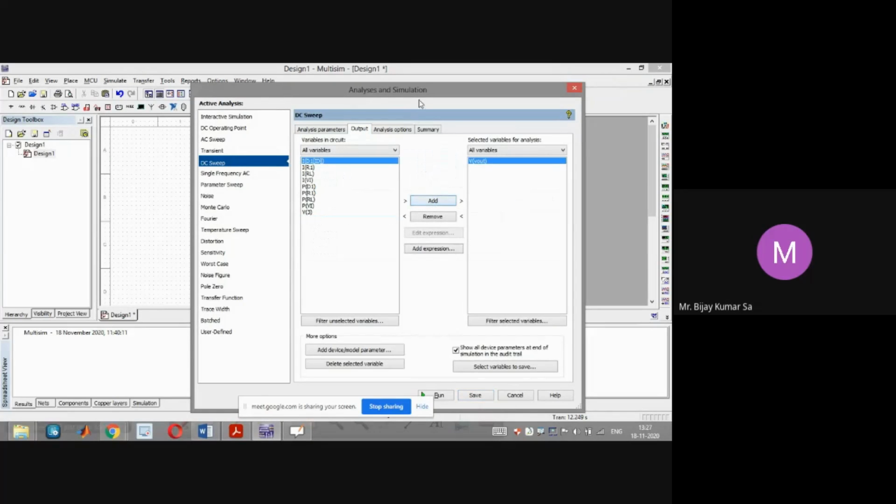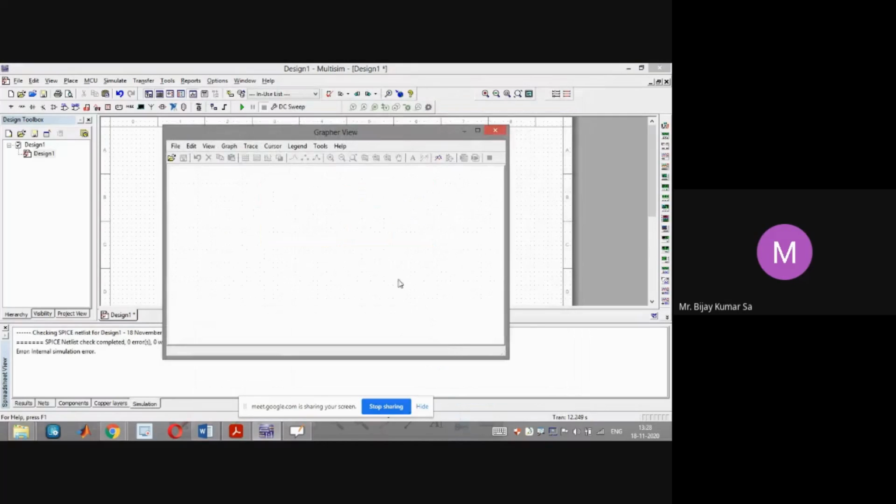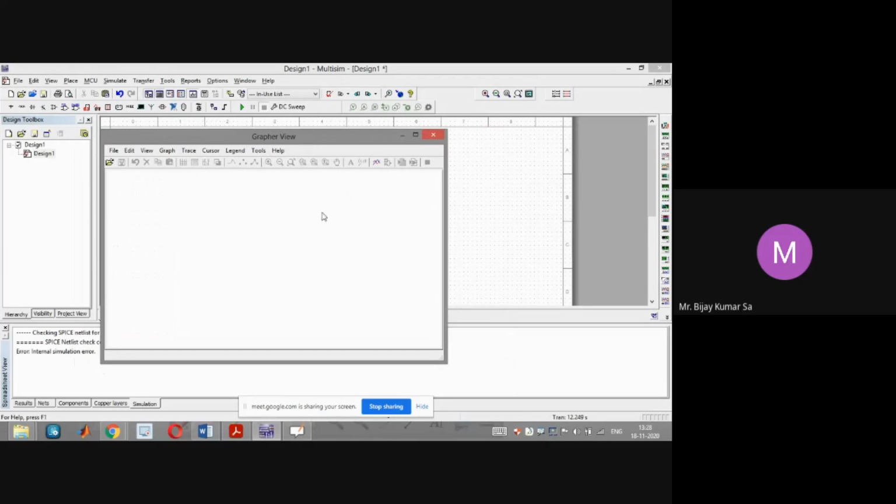So I'm trying to plot V out as a function of Vi. So let me do it. Have I missed something? Okay, let me try again.